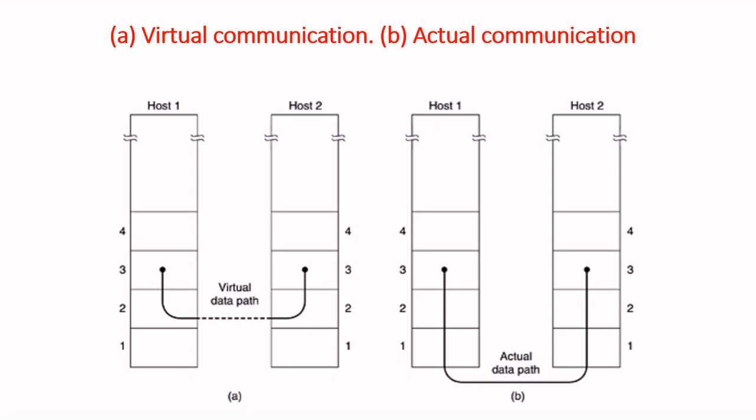At the network layer that packet is received. So this diagram shows how the virtual communication and the actual communication are done in the data link layer.